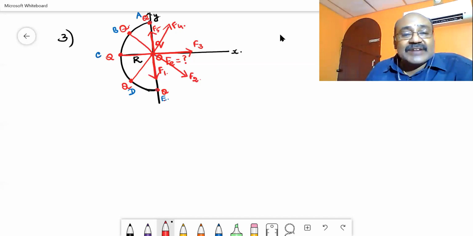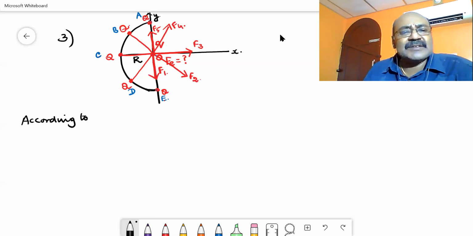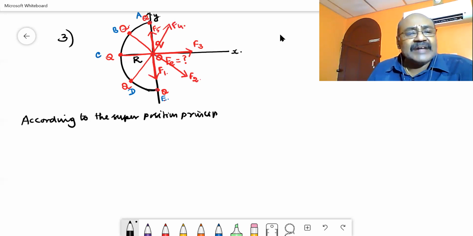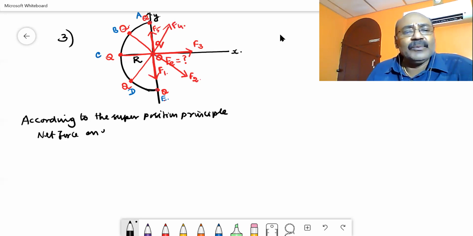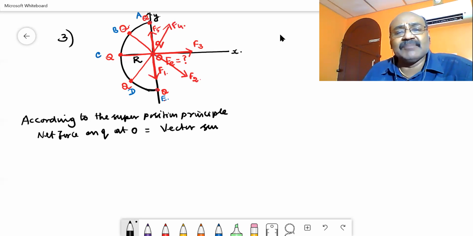According to the superposition principle we have studied, the net force on small q at O is equal to the vector sum of the individual forces.